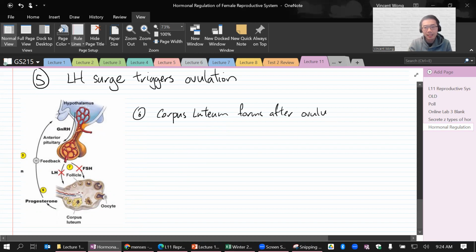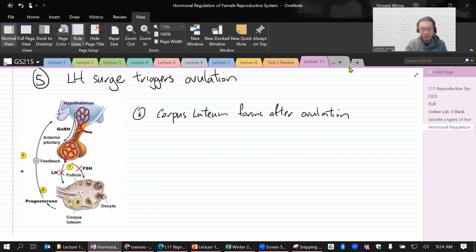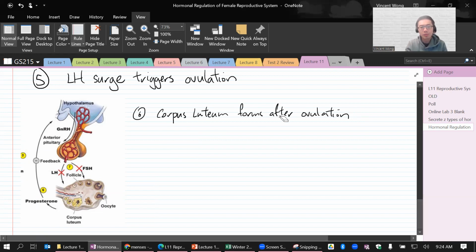It's not a new structure, it's just the leftover material from the follicle from before. And the corpus luteum is a transient structure. It's not going to stay here forever. It's going to get broken down after a while. So the corpus luteum forms after ovulation, and it secretes progesterone.